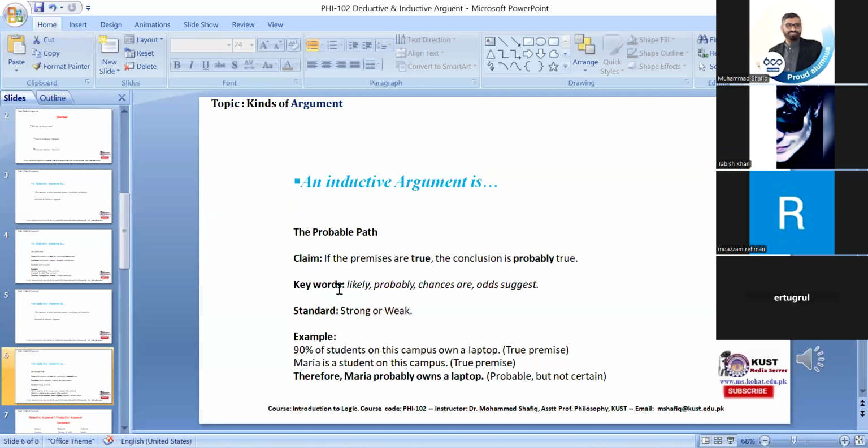The keywords used in these kinds of arguments are likely, probably, chances are, odds, suggest. And the standard of these kinds of arguments is not valid and invalid, but strong or weak. The more cases you add individually in the premises, the stronger the conclusion becomes.